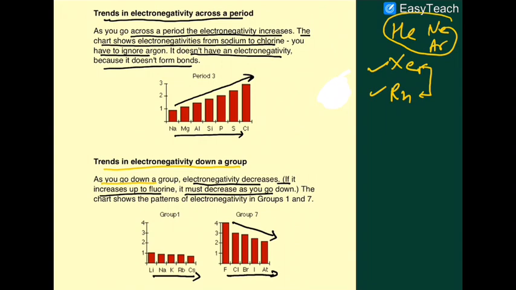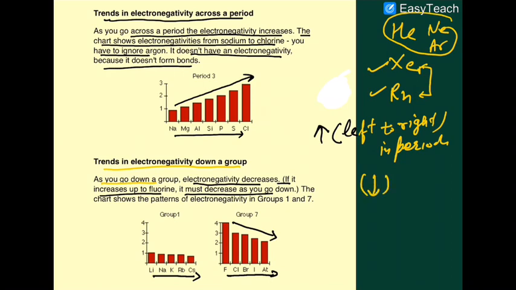Remember that electronegativity increases if we move what? Left to right in a period, and it decreases if we move top to bottom.